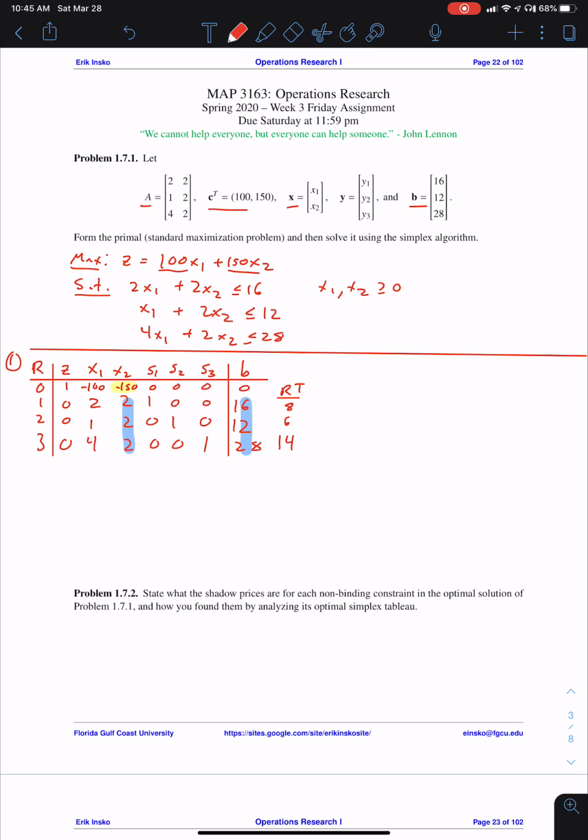Now the idea here is that after we do this, we get our pivot point, because we have to get rid of all the negative numbers in row 0. We pick the smallest number out of this ratio test to have as our pivot, which should be this 2 right here.